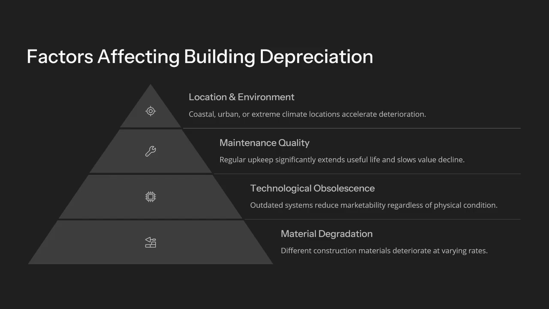Though the building may be very good from physical point of view, if it has outdated systems, its marketability will be reduced and thereby its value. Then material degradation. Different construction materials deteriorate at varying rates that will affect the value of the building.